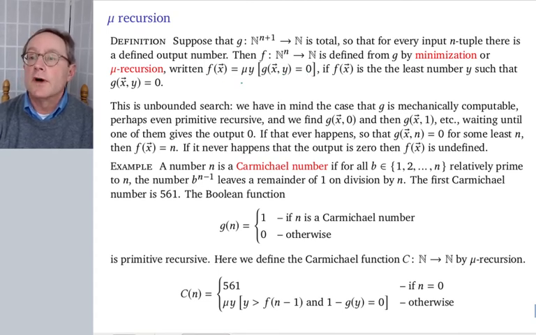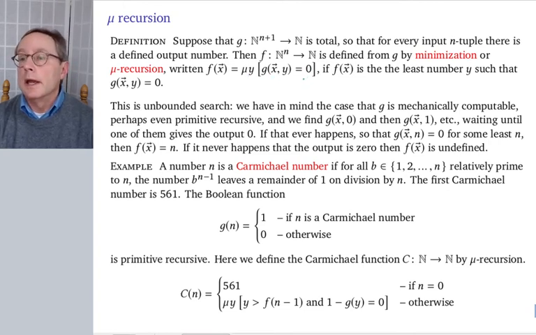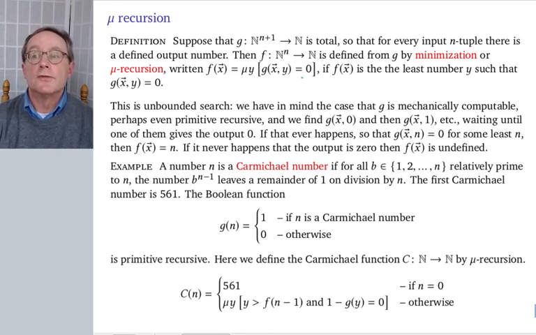The function is defined by finding the least y so that G returns a 0. That's unbounded search. So what we have in mind is that we try y equals 0, plug it into G, does it work? We try y equals 1, plug it into G, does it work? We try y equals 2, we try y equals 3, et cetera, until we find a y that works. That's unbounded search.